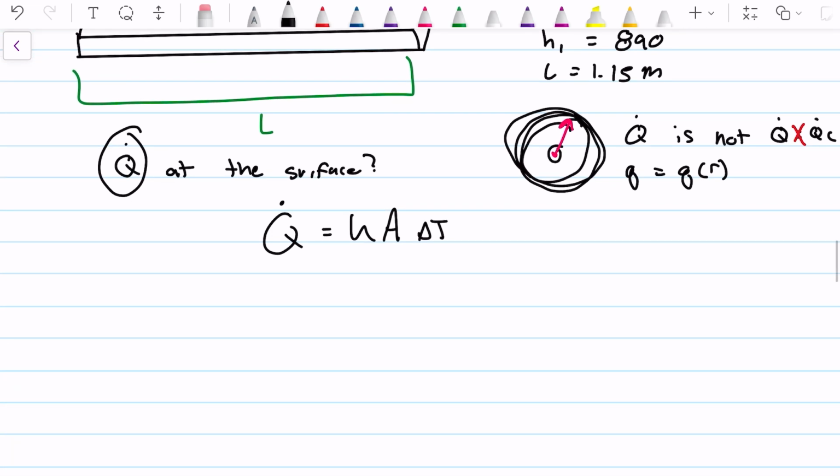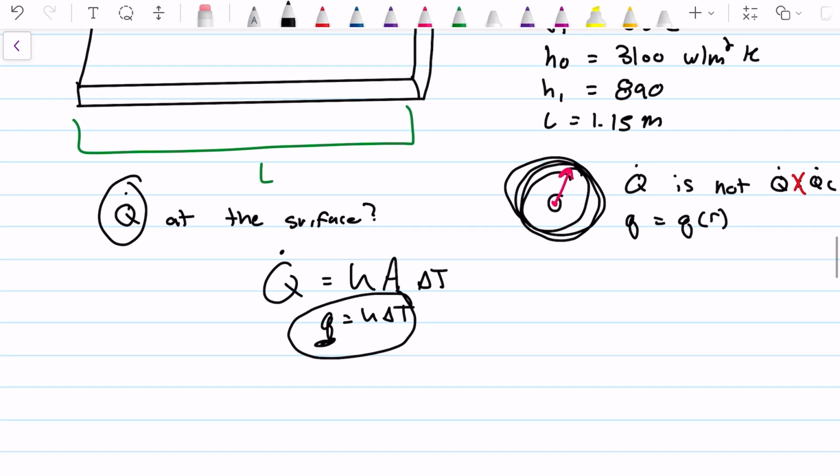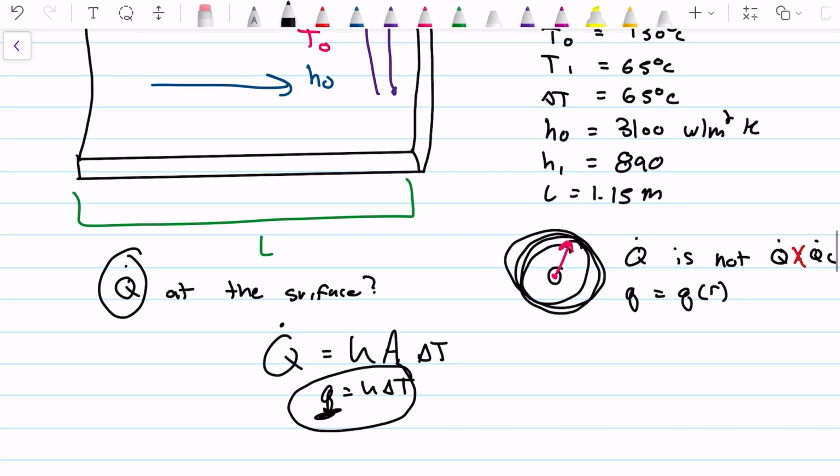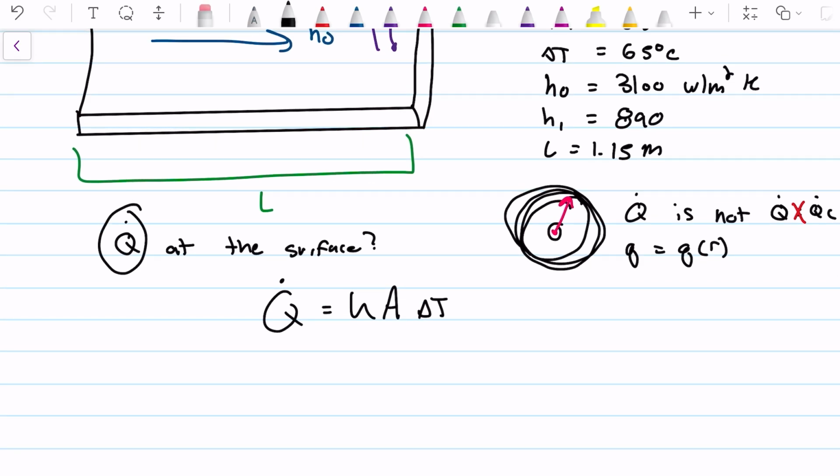The reason I'm not writing it as something like q double prime equals U delta T is because this gets a little ambiguous because now your flux depends on where you're defining your R to be and which surface you are looking at. So it would depend on whether we're picking to look at this surface or this surface, and for me, I don't like it. So always use the total heat transfer rate, in my opinion.